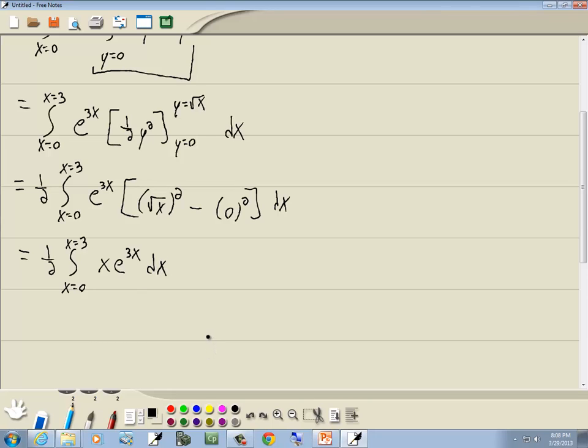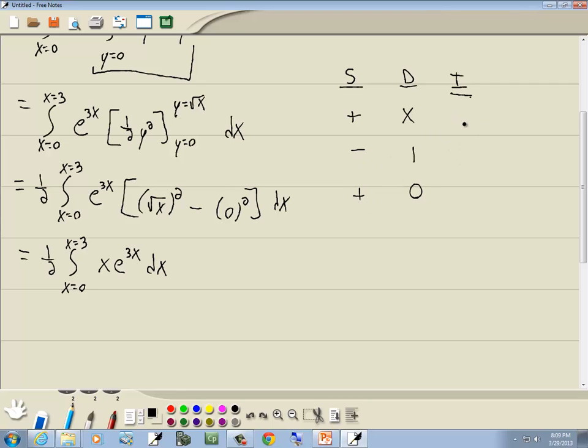Well, this is another one by parts, using the table method. So I'll do it over here. I got S, D, I. Now our derivative will be the x, because again, it has to be the part that when you keep taking derivatives goes to 0. Well, the derivative of x is 1, and the derivative of 1 is 0. This is always plus, then it alternates: minus, plus.